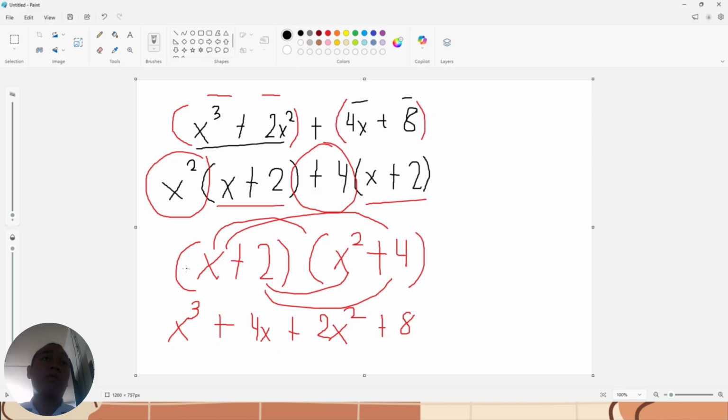If you forgot about the FOIL method, it is first, outer, inner, and last. Now you arrange this into standard form, which I talked about earlier.